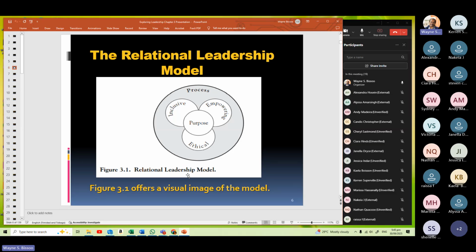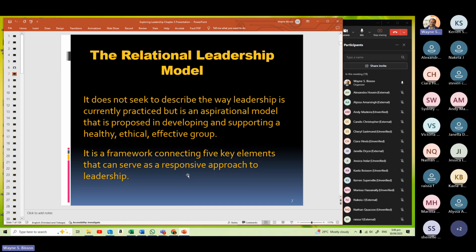Purpose is central. Empowerment, inclusivity, ethical behavior, these feed into how we go about things, and everything in the model is process oriented. And we'll begin to see that element coming up at the end. We'll deal with process orientation at the end of the session. All right.